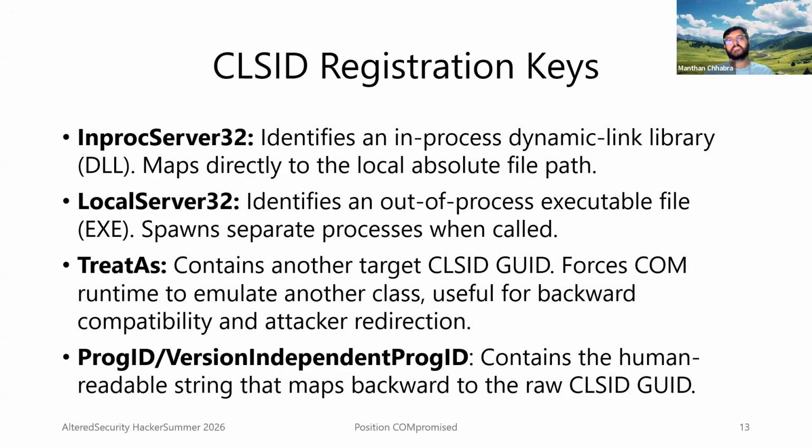Instead, it spawns an entirely separate process on the system to host that object. This of course provides a massive stability boundary. For example, if the COM server crashes, it does not take down the client application with it. So this helps in maintaining stability much better.